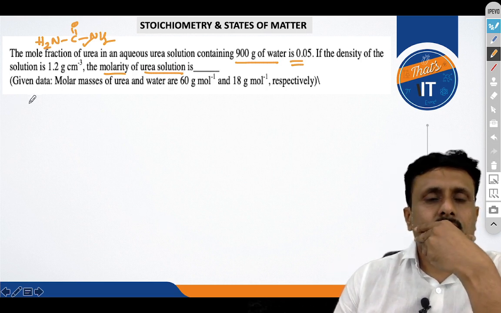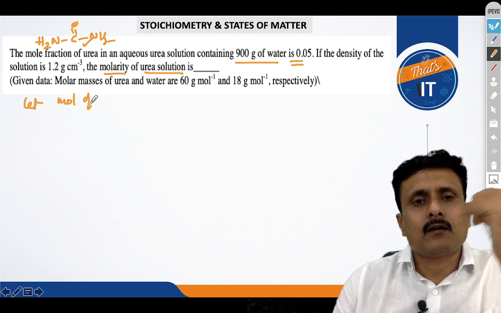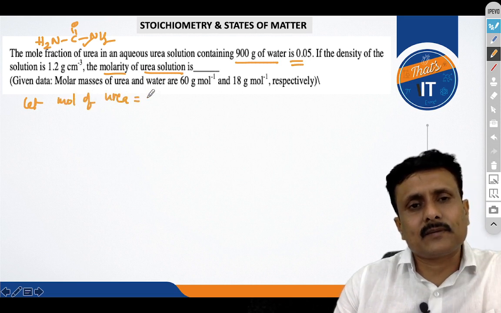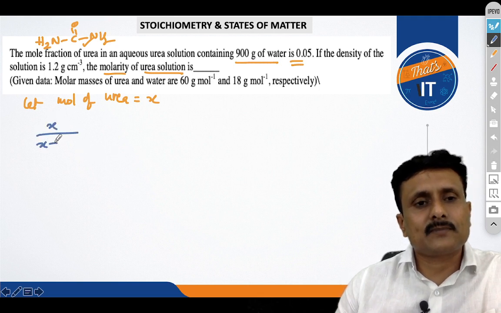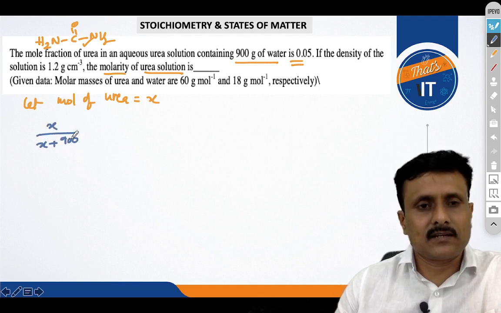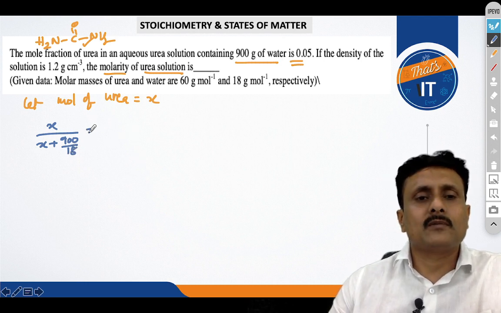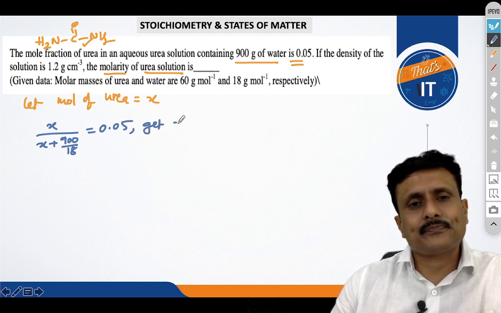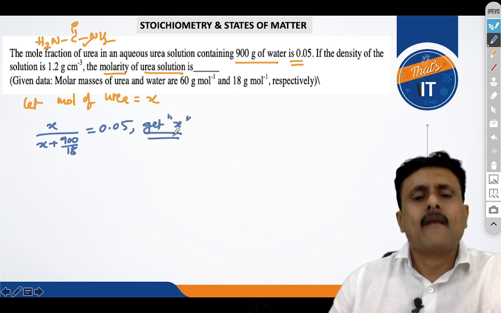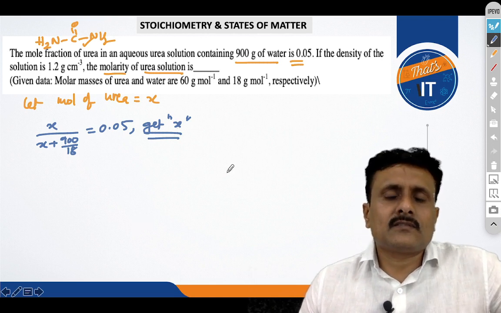So I'll assume that the number of moles of urea equals some x. Therefore, you can see x divided by x plus 900 by 18. Mole fraction of urea was found to be 0.05. So you have to get the value of x, which is nothing but the number of moles of urea, that is the solute.